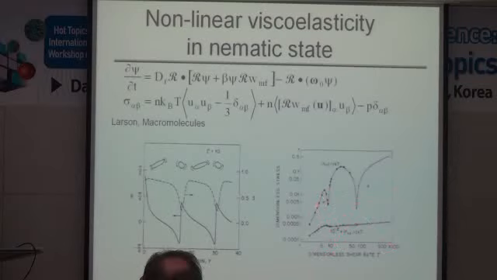So it is positive, negative, and positive, and the system shows a very complex stress response to the shear flow in nematic rod-like polymers, and these behaviors have indeed been observed experimentally. So this theory explains certain aspects of the flow properties, the mechanical and viscoelastic properties of the solutions of rod-like polymers.